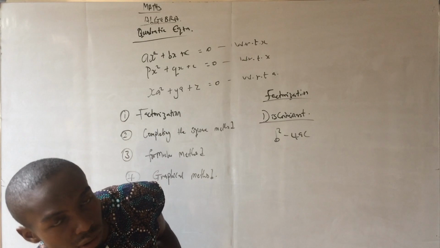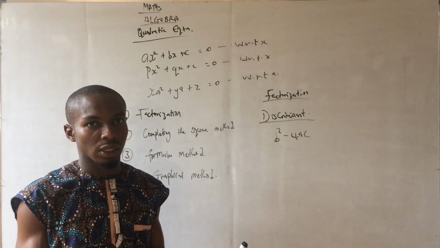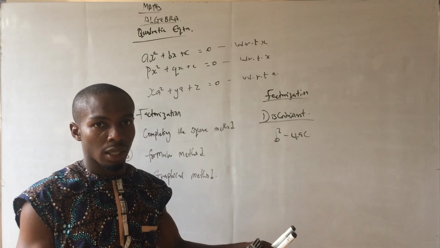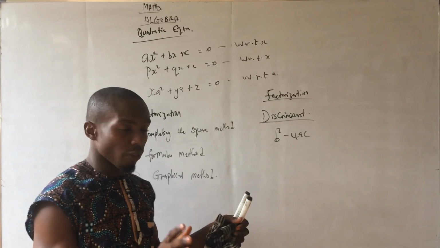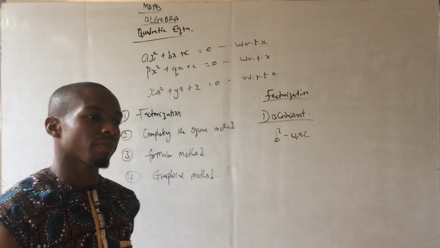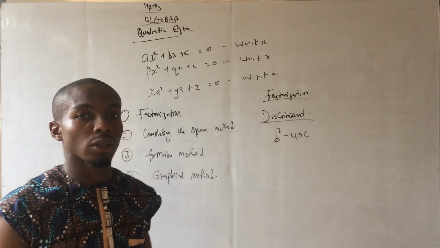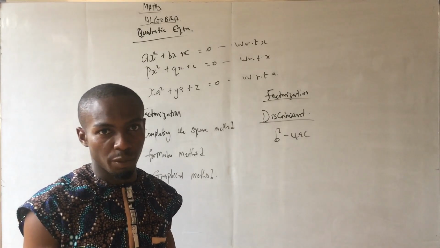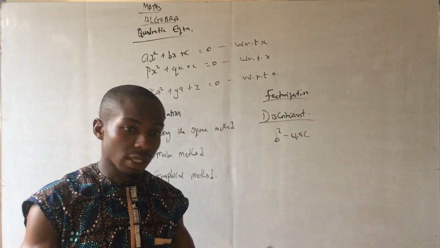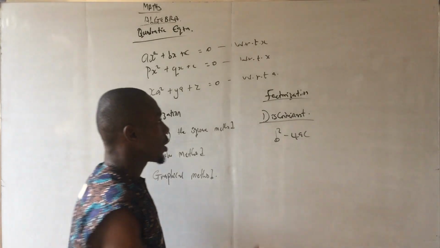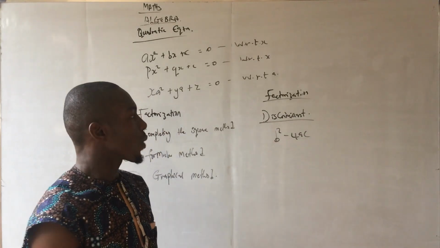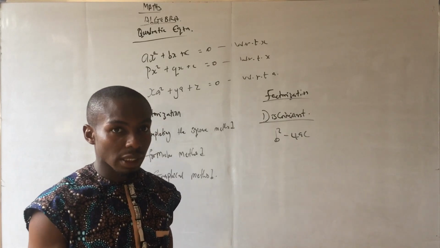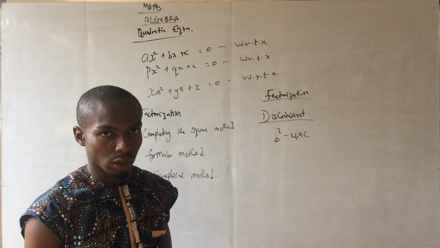A discriminant, I would say, is a quantity that is unique to a formula, and it tells you more about the roots, or the answer, if the root to the question is achievable. So with this discriminant, we can tell if a quadratic equation is factorizable or not.